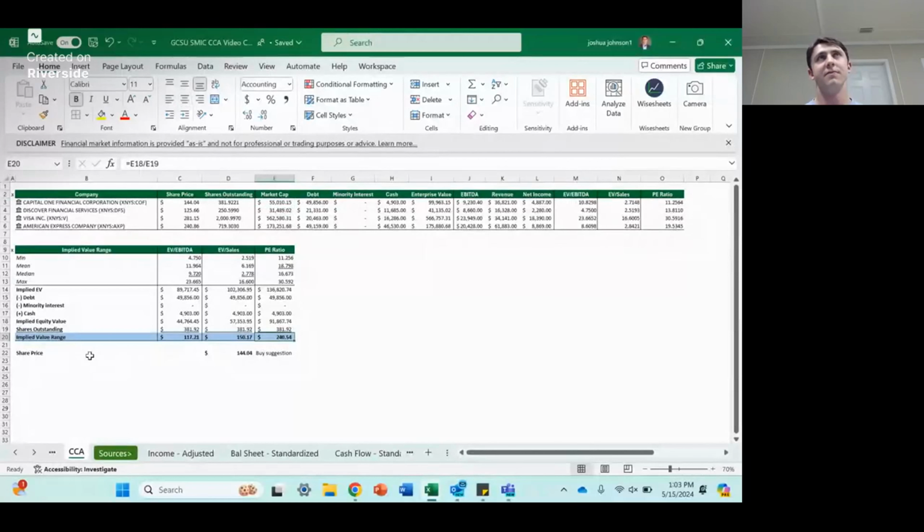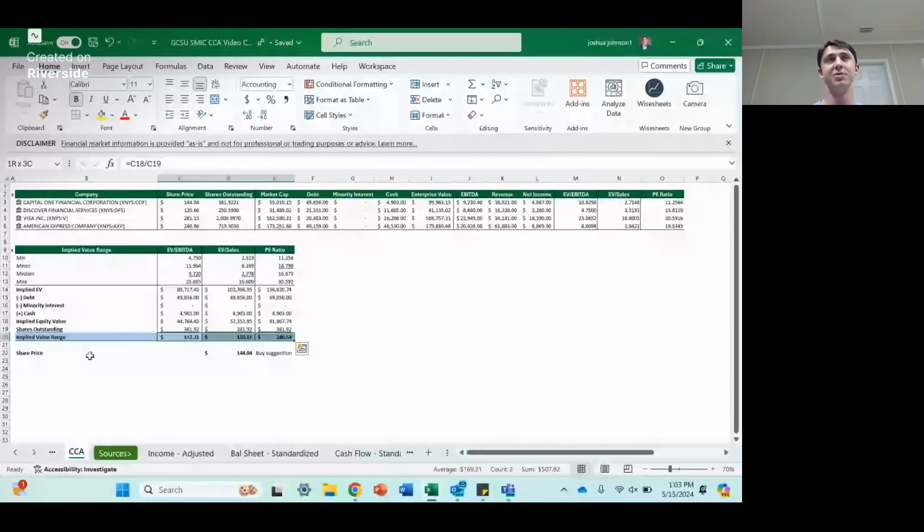I believe I said the first 4, but the 5th one is interpreting that value, really interpreting what the implied value per share range means. And so we came up with the conclusion that this supports a buy suggestion, and this is really how you do it.